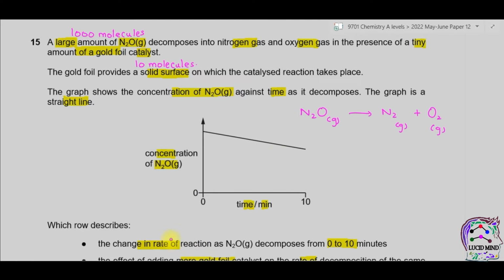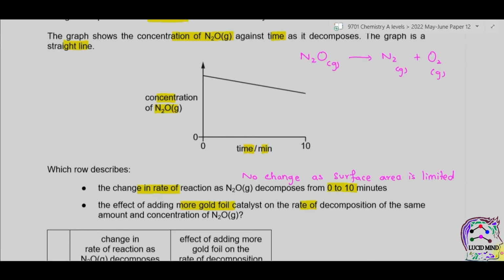So the change in rate of reaction is 0. So we can say no change, as surface area is limited. And from the graph we can also see there is a constant decrease. So it means the change in rate is 0.